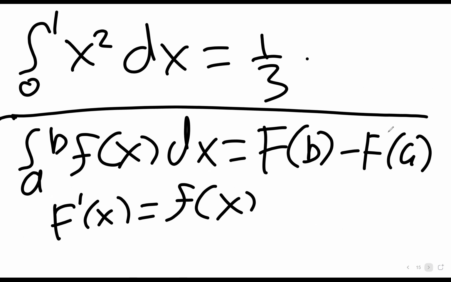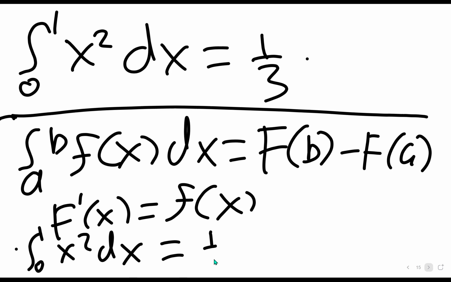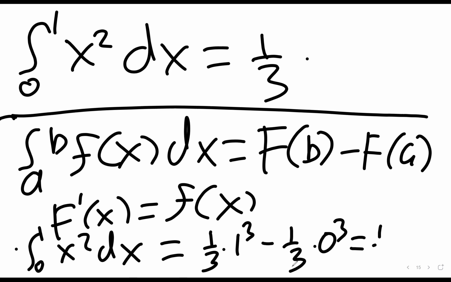Of course, here is the shortcut, which we will consider in the next lecture. Integral from 0 until 1 of x squared dx, for example. What is the antiderivative of x squared? 1 over 3 x to the power 3. So 1 over 3 times 1 to the power 3 minus 1 over 3 times 0 to the power 3, and that will be 1 over 3.